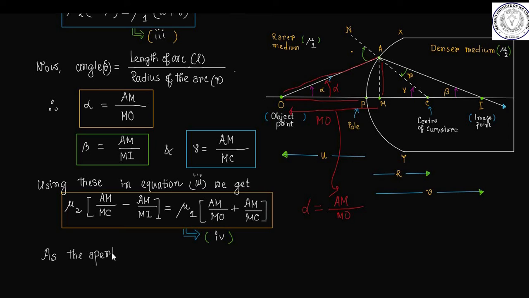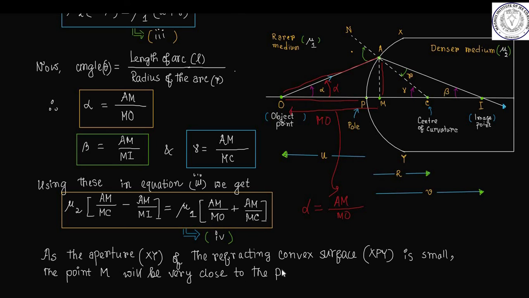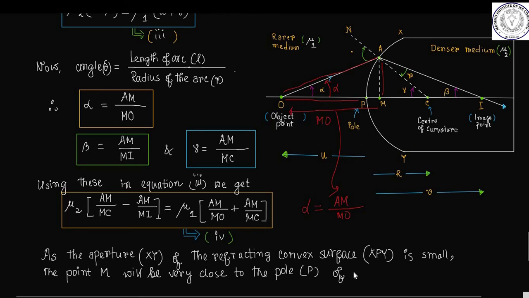As the aperture, that is the imaginary vertical line XY, of the refracting convex surface XPY is very small, the point M will be very close to the point P. The two points P and M will be very close to each other.